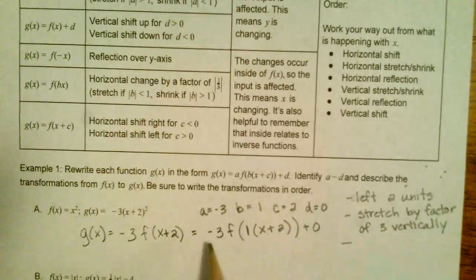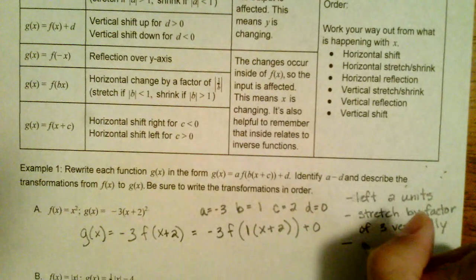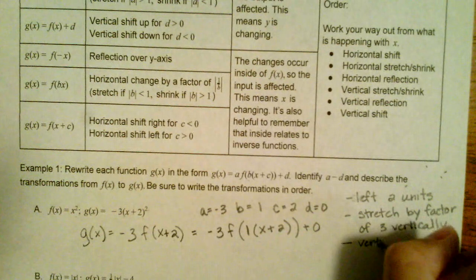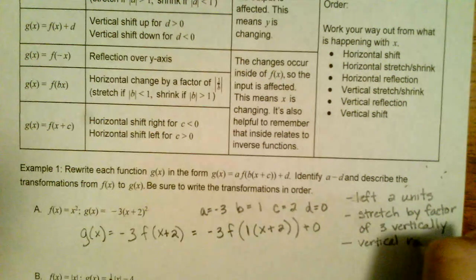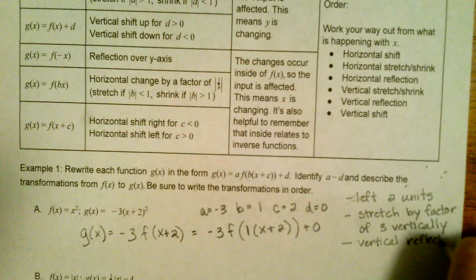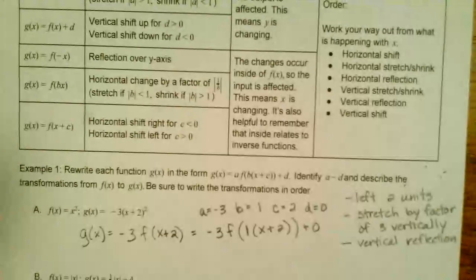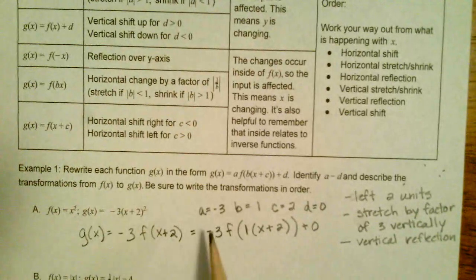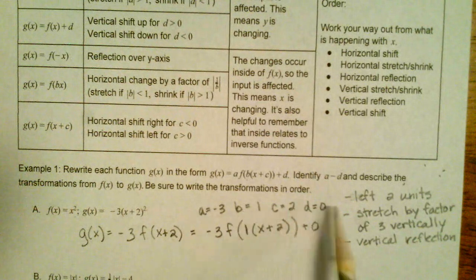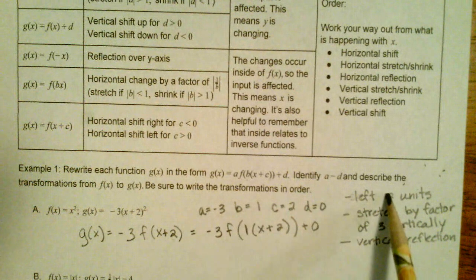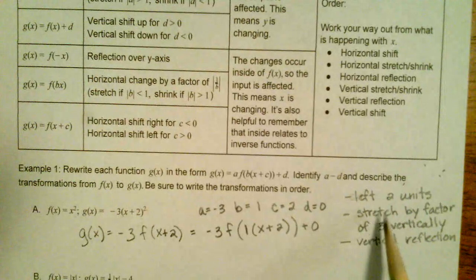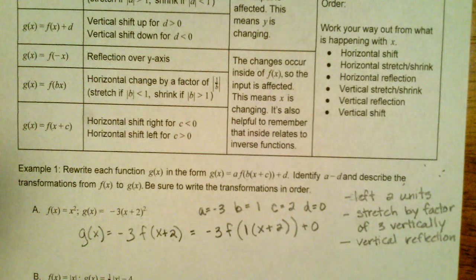Then I can see, because of my negative, that I have a vertical reflection. And I can see I have no vertical shift. So I had 3 changes to the graph. 3 transformations, 3 steps in my transformation.